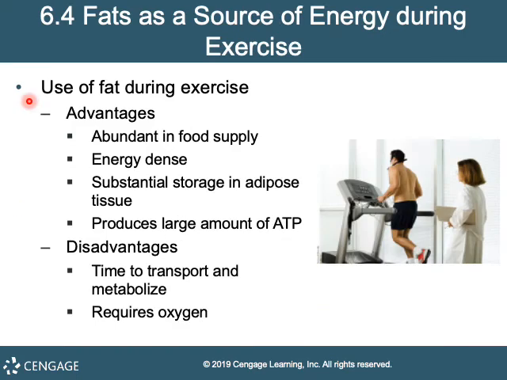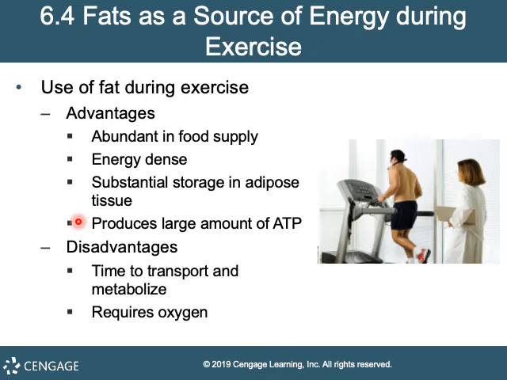It's important to remember that training enhances the utilization of fat for fuel during both rest and during exercise. Advantages of using fat during exercise include that it's very abundant in our food supply, it's very energy dense, having 9 kilocalories per gram. Every individual, no matter how lean, has a substantial amount of storage of triglycerides in their adipose tissue.